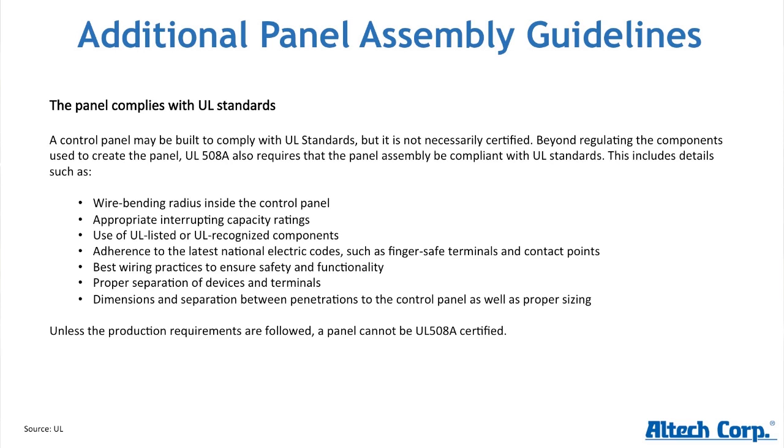If you use too small of a wire bending radius and too large of a wire, you might either damage the insulation or you might actually damage the wire, the copper or the aluminum part itself. So there are guidelines for that. Obviously, we talked about interrupting capacity ratings. Are you using UL listed or are you using UL recognized components?